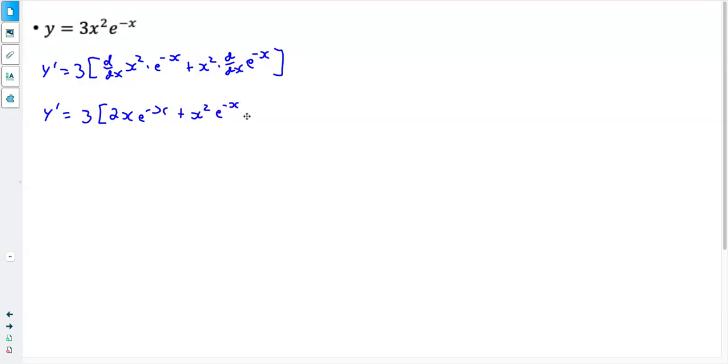Our derivative of e to negative x would be negative 1, or sorry, e to the negative x, because we have to follow through with the chain rule. So that gives us y prime is equal to 3 times 2x e to negative x minus x squared e to negative x.